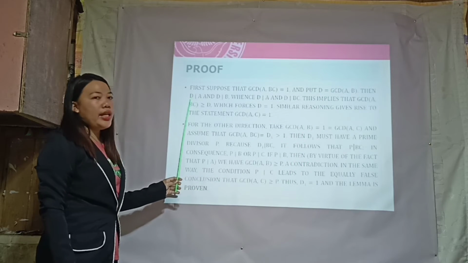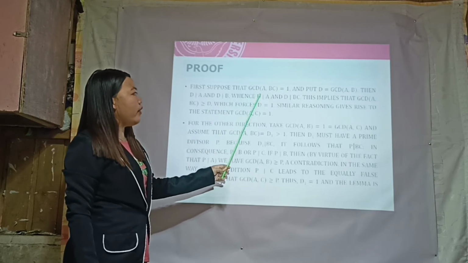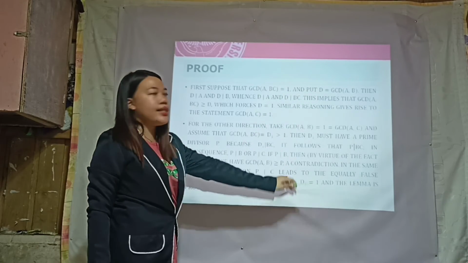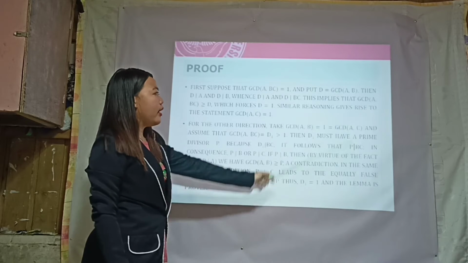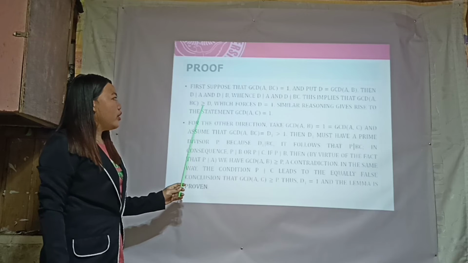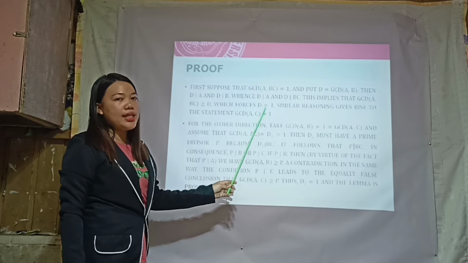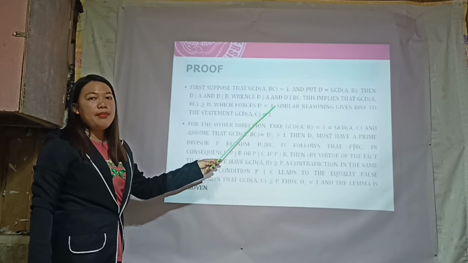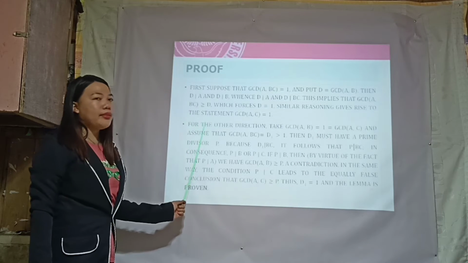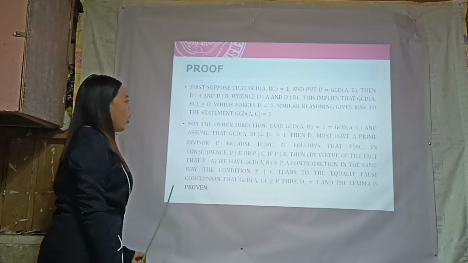Then d divides a and d divides b. Whence d divides a and d divides bc. This implies that GCD of a and bc is greater than or equal to d, which forces d equal to 1. Similar reasoning gives rise to the statement GCD of a and c is equal to 1.